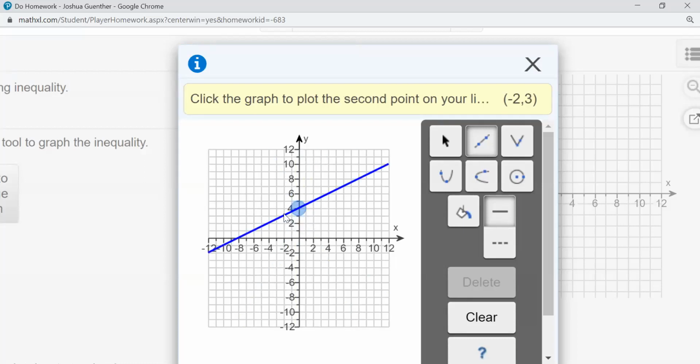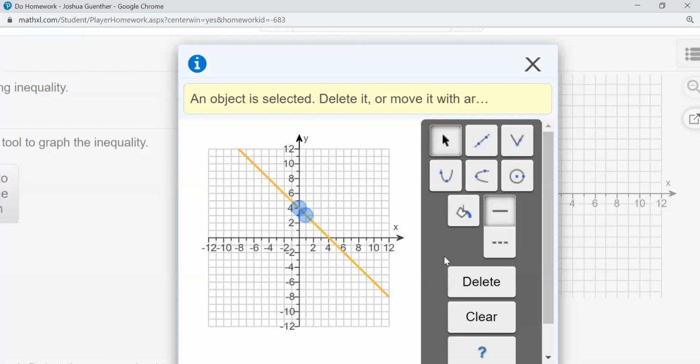That's going to be one point on the graph. Now I can figure out where my next point is going to be. Remember, the slope was negative 1, so for every 1 unit I go to the right, I go down 1 unit. There we go. So this is going to be the line itself.